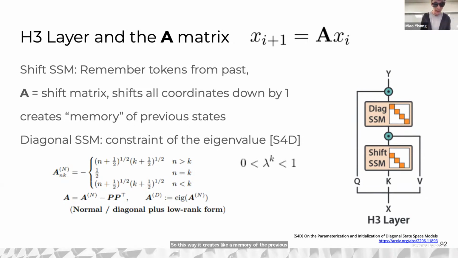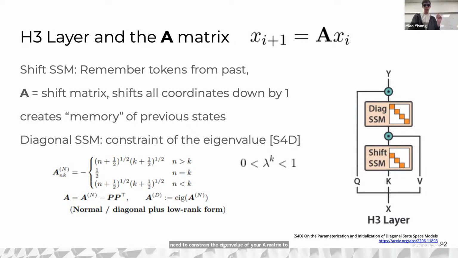The diagonal SSM is based off previous work, so I can't really go into detail, but basically the A matrix defines the interactions of your model. You need to constrain the eigenvalue of your A matrix to make sure that the whole model doesn't explode to infinity.